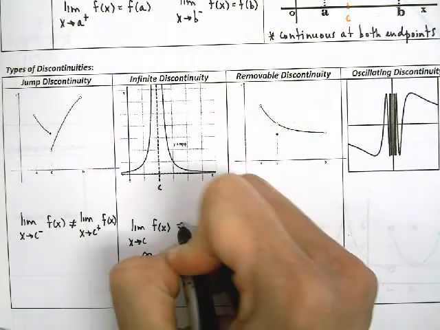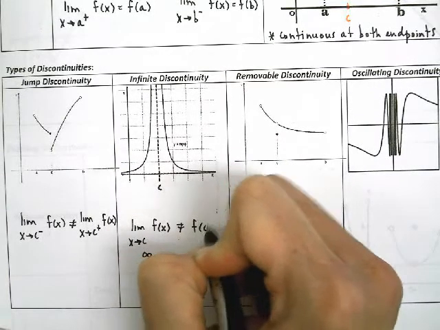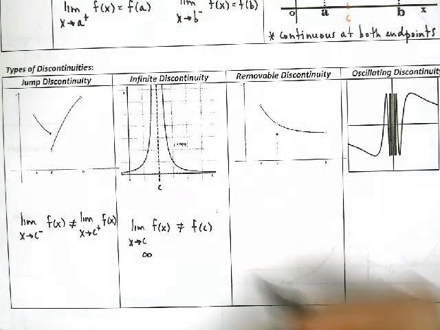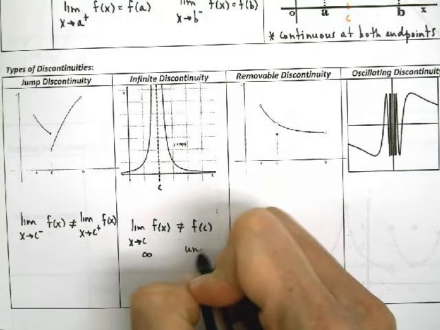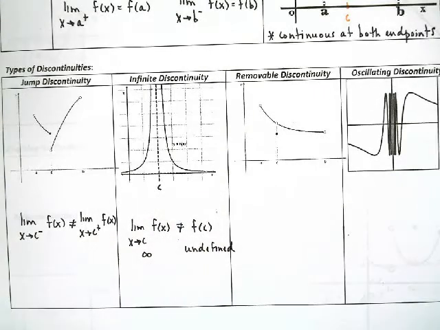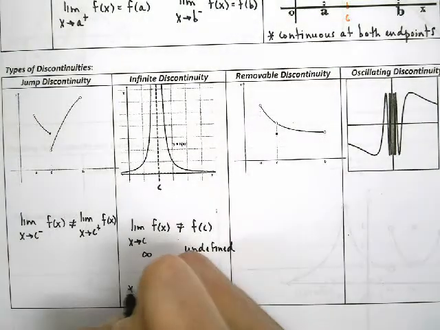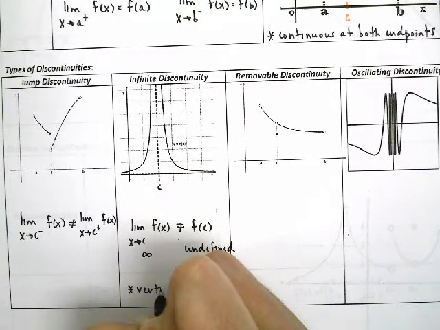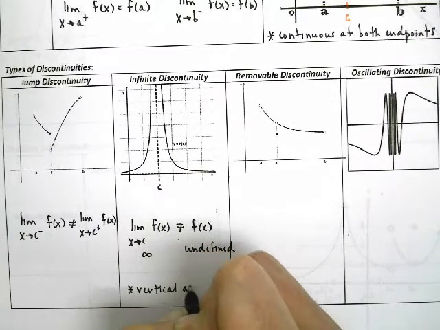But that's not equal to the function value at C. Because of that asymptote, that is undefined. So I'm going to make a note. This infinite discontinuity is going to occur when we have a vertical asymptote.